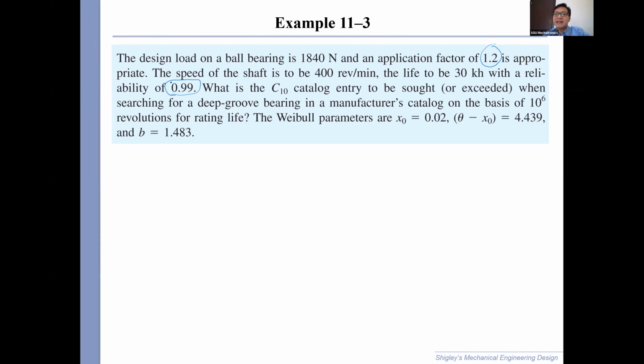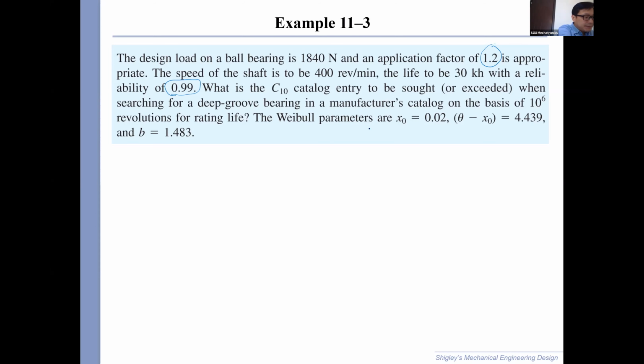What is the C10 catalog entry to be sought, or exceeded, meaning at least that? Of course, if you pick a bigger, stronger bearing, it's always okay. But here is the minimum you have to pick. We're doing a deep groove bearing, manufacturer catalog, and the Weibull parameters are given.